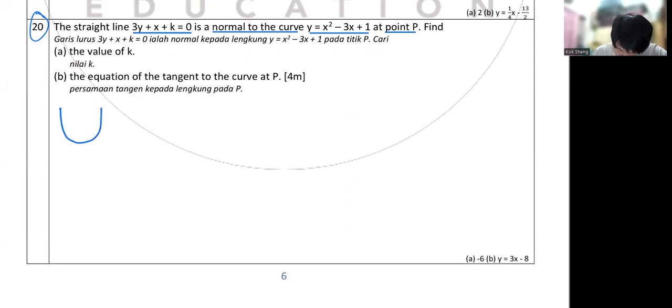Wait, so this is a tangent, touching one point. The normal to the curve at point P will pass through here and is 90 degrees to the tangent. So this point actually is point P.